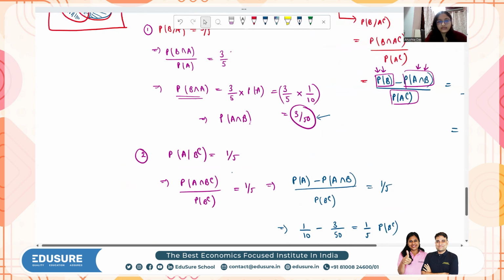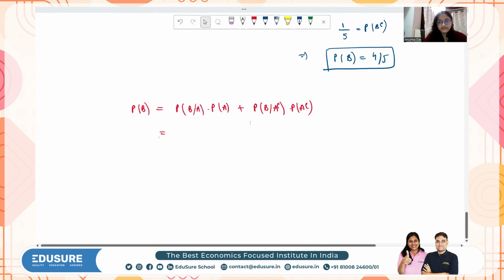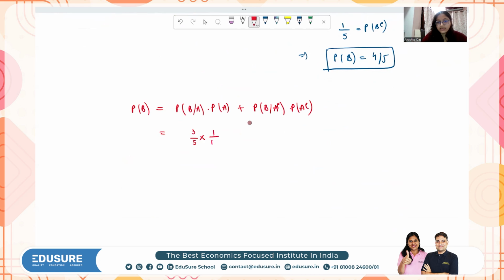This is given to you as 3 upon 5 into probability A is 1 upon 10, plus this you calculated 37 by 45 and this will be 9 upon 10. Now simplify, this will be 5, yeah. 3 upon 50 plus 37 upon 50.